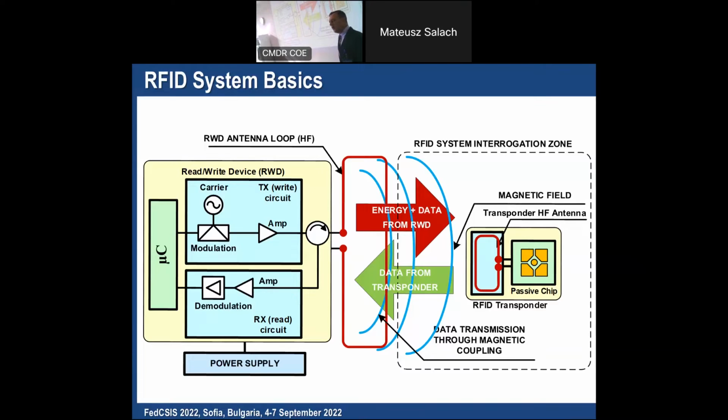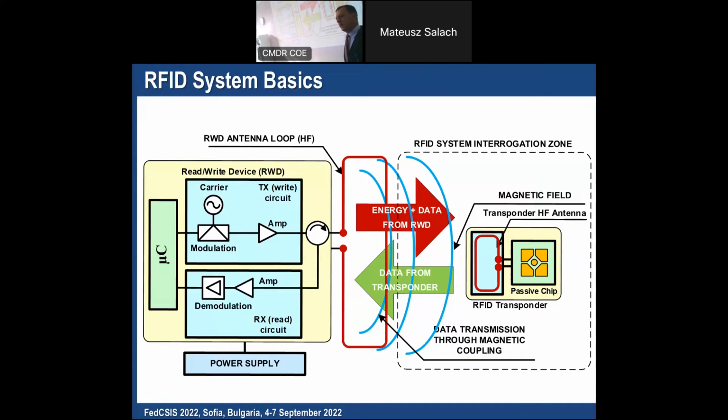So if we are thinking about exploring or mapping the surface, we may expect that the robot will step by step move from one transponder to the other and then orientate itself to achieve the best results. But of course, it will take time.